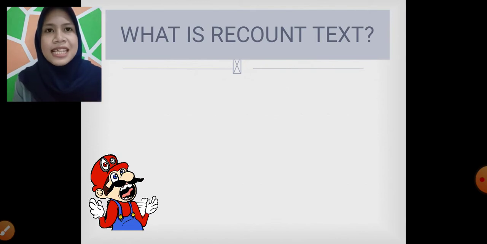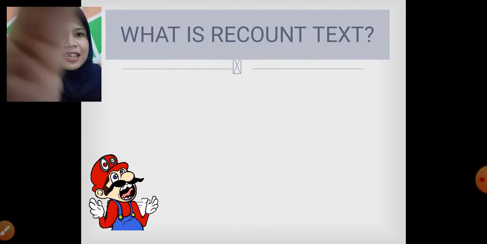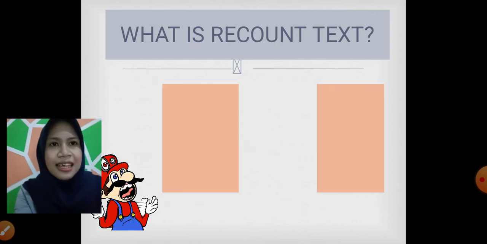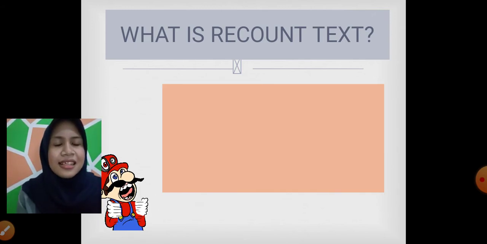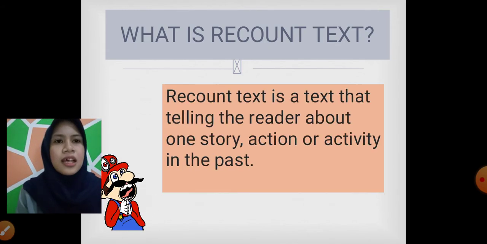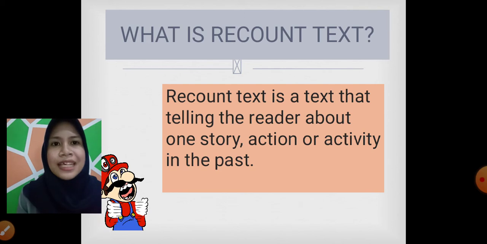So what is recount text? Okay, recount text is a text that tells the readers about one story, action, or activity in the past. Or we can call recount text a text that tells the reader about a past experience or a past event. Okay, you understand?